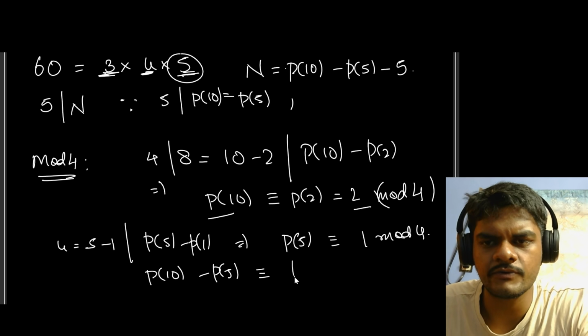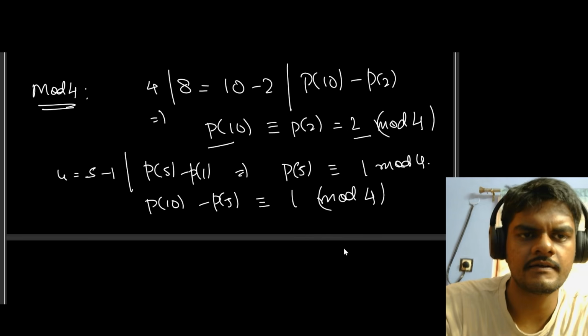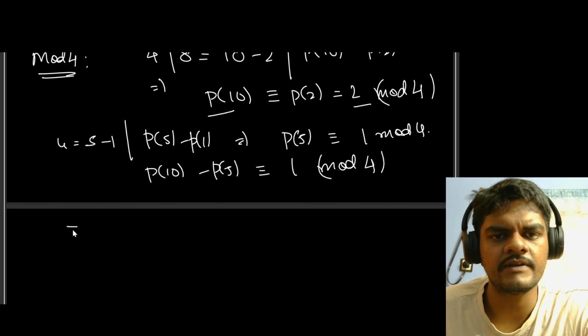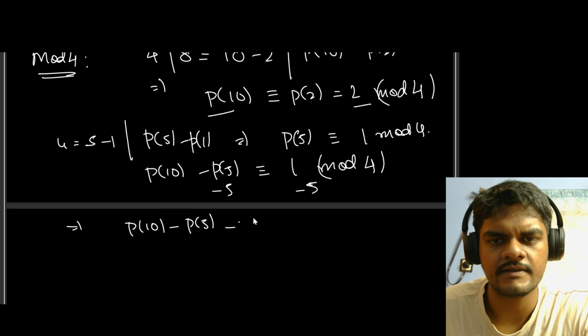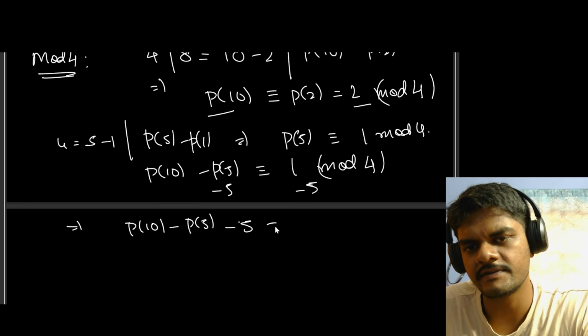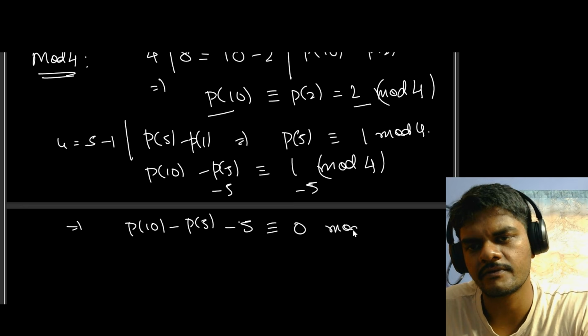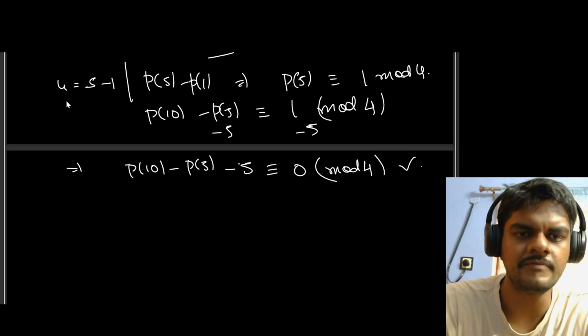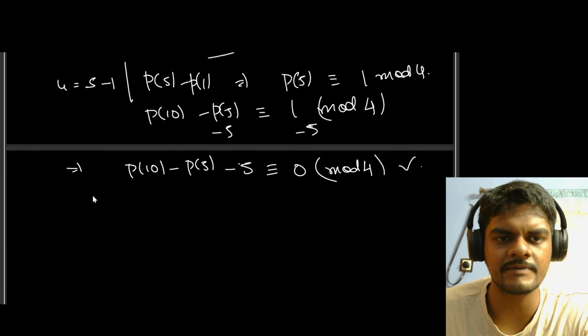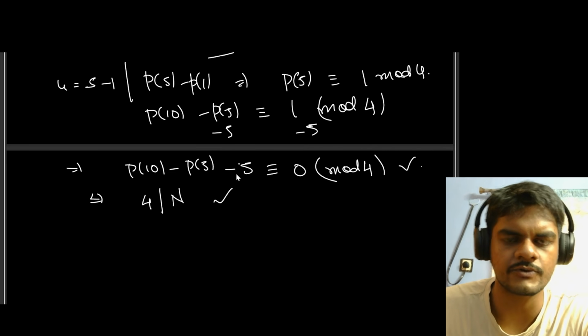That should be congruent to 1 mod 4 again, right? So if I take minus 5, I'll get minus 4. So this is congruent to 0 mod 4. So this is not a problem. The term n is 0 mod 4. That means 4 divides. That's good.